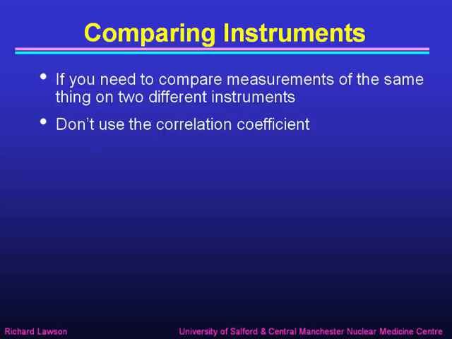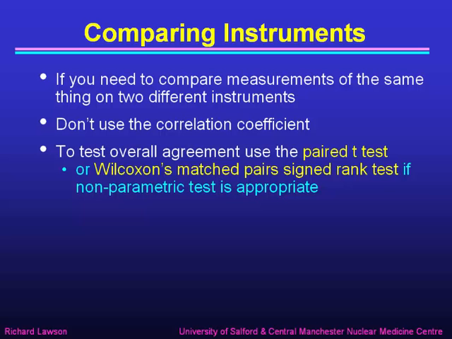That's totally pointless. What you can do if you want to test overall agreement is to use the paired t-test. That is a way of testing two numbers to see whether they are actually in agreement. If you need to use a non-parametric test, then Wilcoxon's matched pairs signed rank test is the alternative, and we've talked about both of those in previous lectures.